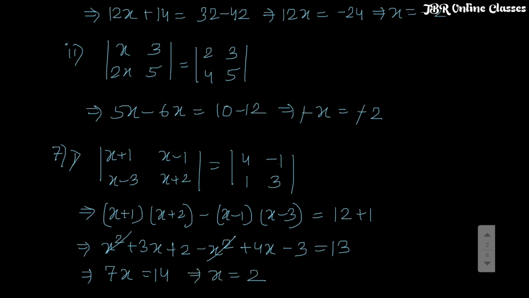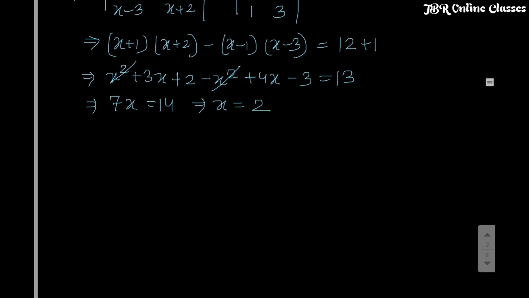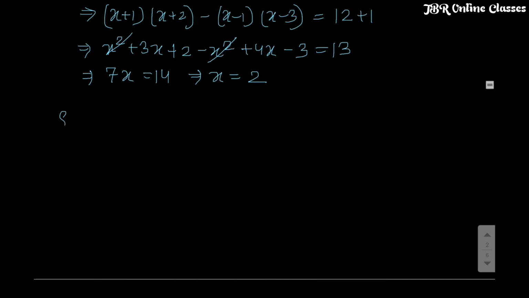Okay, now let's move on to sum number 8, because sum number 7 part 2 is a similar kind of problem. So here in sum number 8 part 1, x belongs to natural numbers, and the determinant x plus 3, minus 2, minus 3x, 2x has value equal to 8. Now you have to find the value of x.